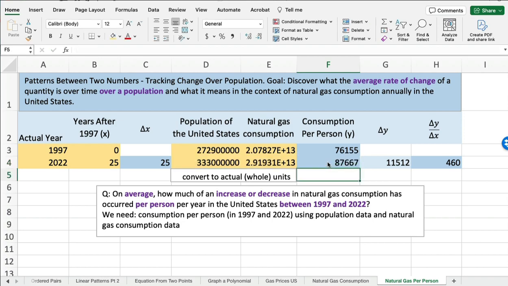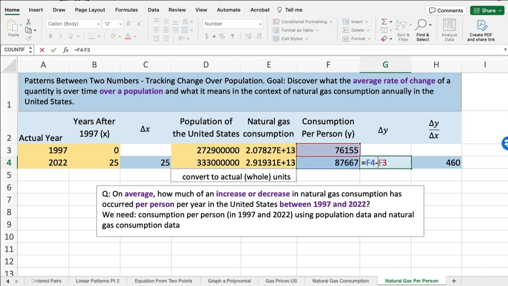There was no guarantee that that number was going to increase. I had no idea what was going to happen to that number, but it did in fact go up. It went from 76,000, and remember that's over a period of 25 years, up to 87,667. So the consumption per person did go up.